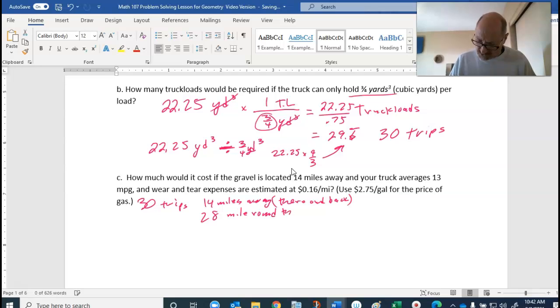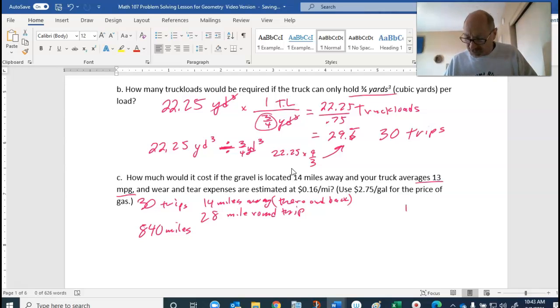So if I've got 30 trips and it's 28 miles per trip, you're going to take 30 times 28, which is 840. So you're going to go a total of 840 miles. Now, you get 13 miles per gallon, and this is a little trick on ratios.